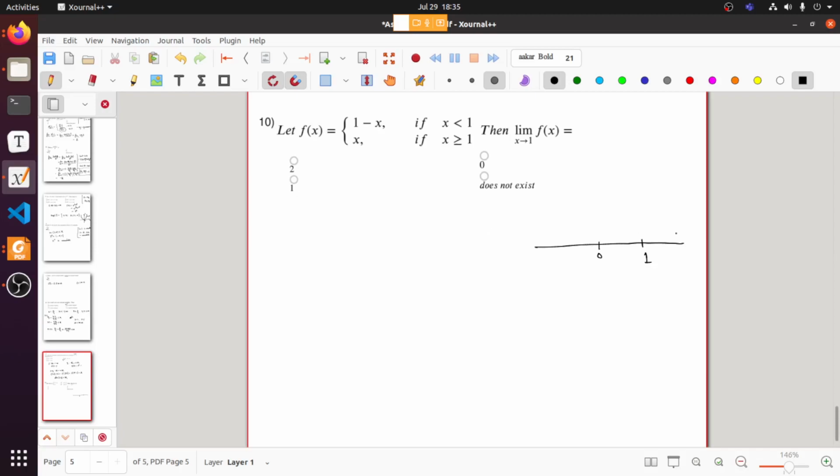For x greater than or equal to 1, it's like this function, right? So at the point 1 it's 1, so it looks like this.